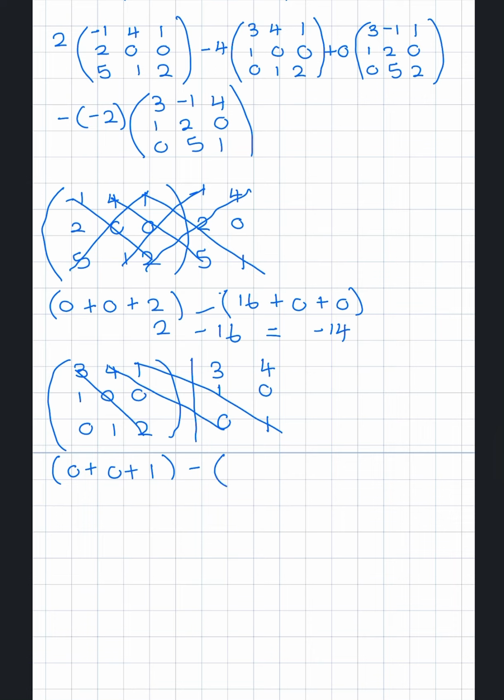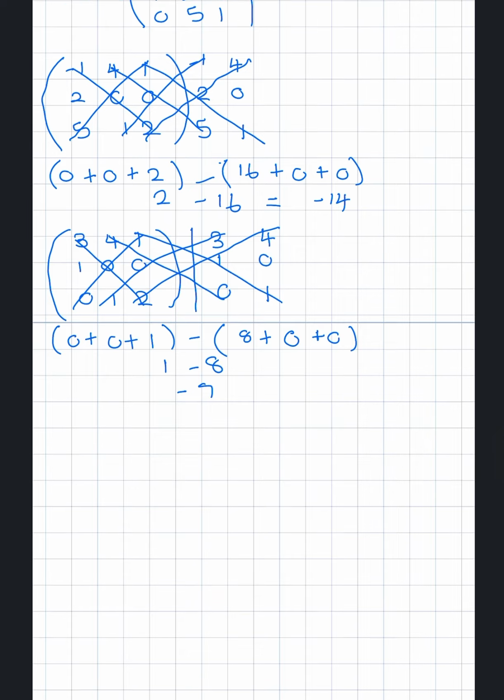Then minus the minor diagonals: 4 times 1 times 2 is 8, plus 3 times 0 times 1 is 0, 1 times 0 times 0 is 0. So we have 1 minus 8, which is minus 7.